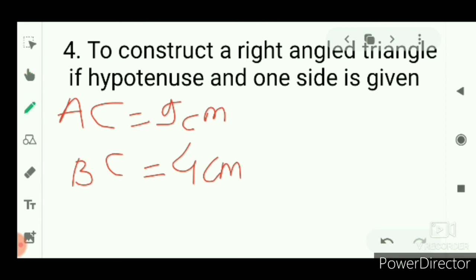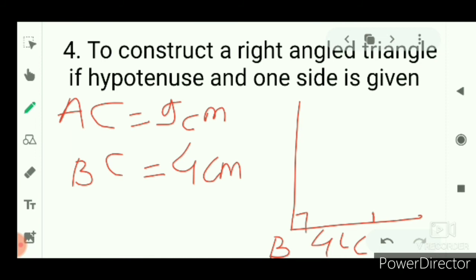So first of all we will make an angle of 90 degree using the protractor. Okay, this angle is of 90 degree. Here AC is of 9 centimeter, AC is the hypotenuse, and BC is 4 centimeter. So first of all we will make the base BC, this is of 4 centimeter, and hypotenuse AC is of 9 centimeter.